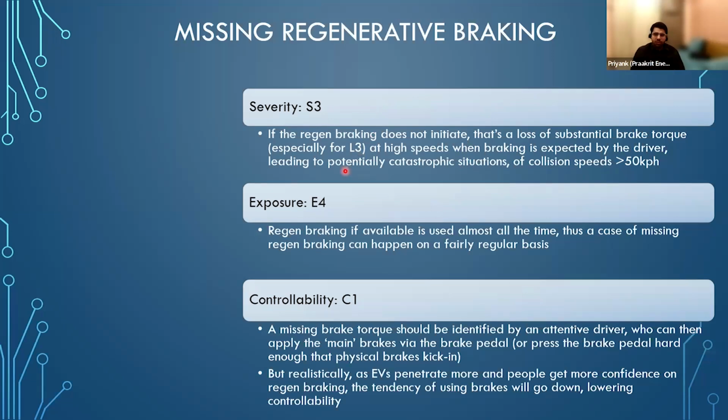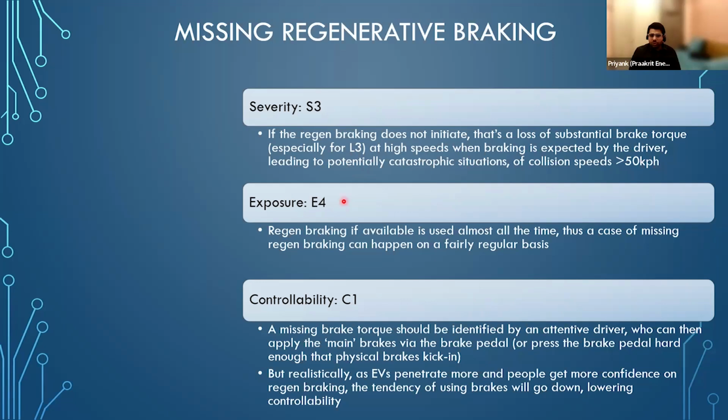So level 3 regen braking. Imagine you being at high speed, expecting braking because someone in the front slowed down, and the vehicle did not slow down. The way this situation is interpreted, it will lead to a potentially catastrophic situation of collision speeds of about 50 kph. And so I would like to give it a rating of S3.